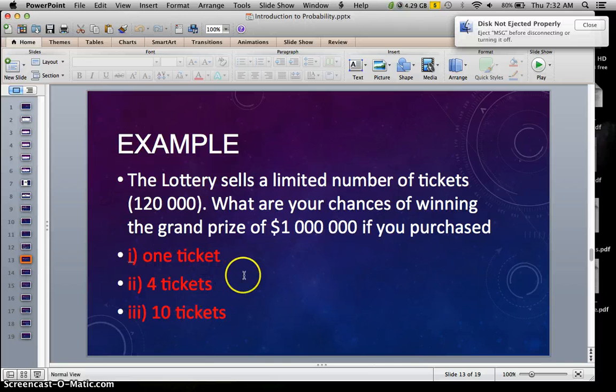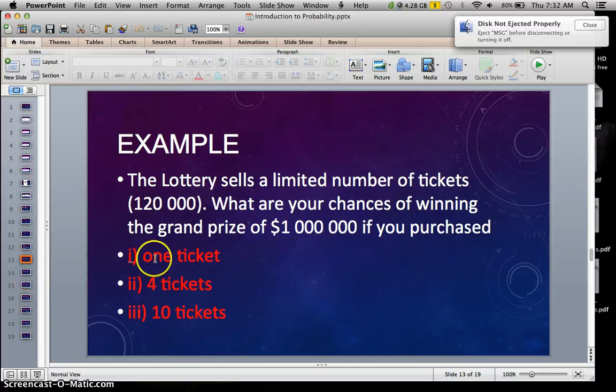Okay, so remember that when we're writing probability as a fraction, we have the number of successful attempts on top and the total number of attempts at the bottom. Okay, so in this case, the total number of attempts would be 120,000 tickets, because that's the amount of tickets that we're going to have for this theoretical experiment.